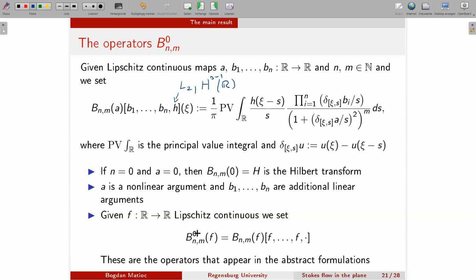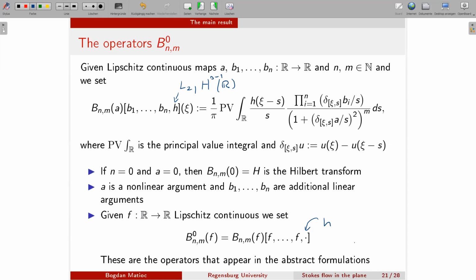And now let me introduce the operators BNMO of f, because these are the operators which appear in the formulation. These are the operators BNM when a and b1 to bn are all equal to f. So these are operators of this variable h, which is either an L2 function or an Hs-1 function.